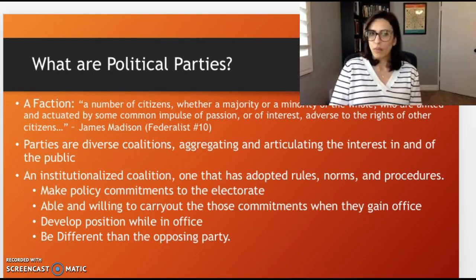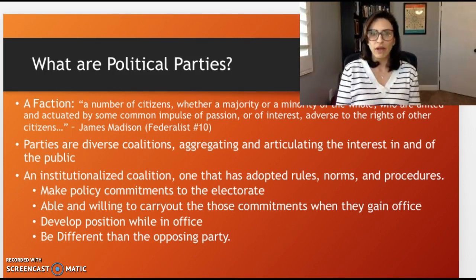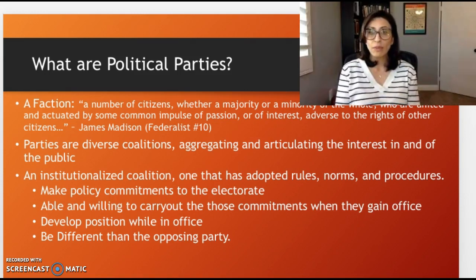So what are political parties? James Madison had written in Federalist Number 10 as he warned us about factions, and he was talking about the possibility of the majority being tyrannical, or even the minority being incredibly disruptive to the point that it disrupts democracy.